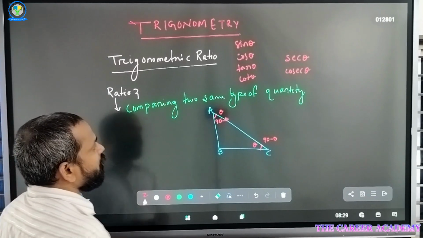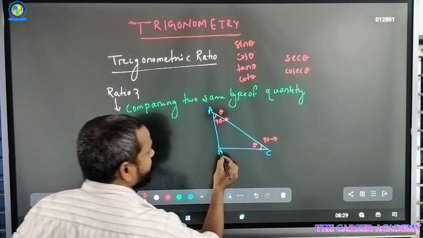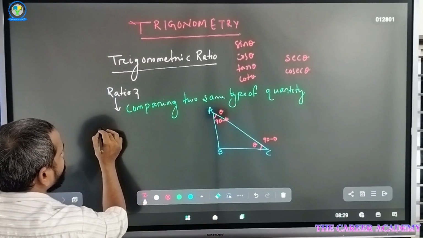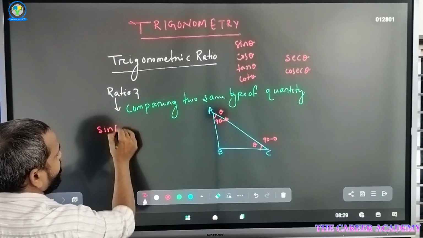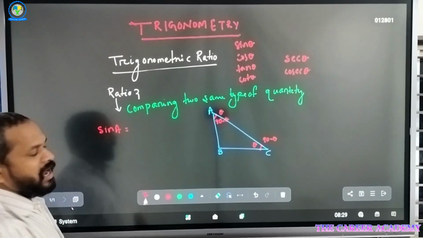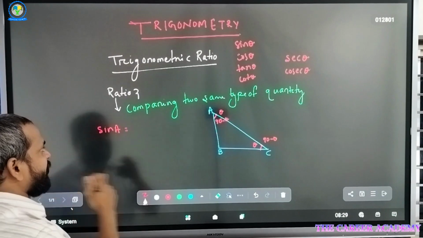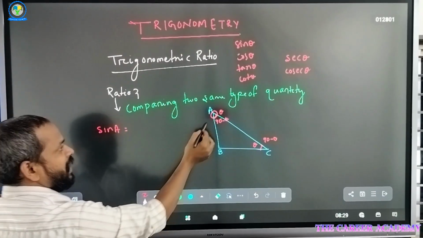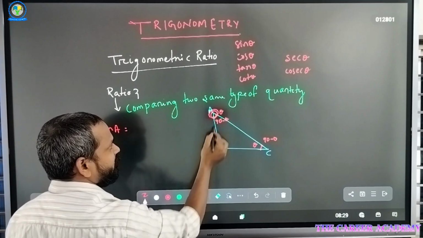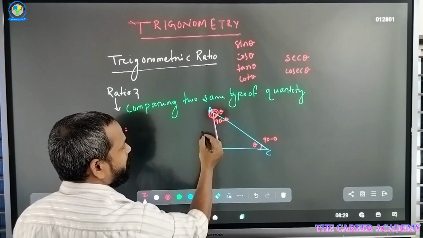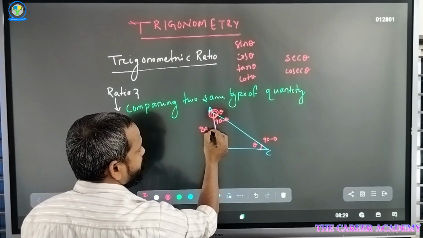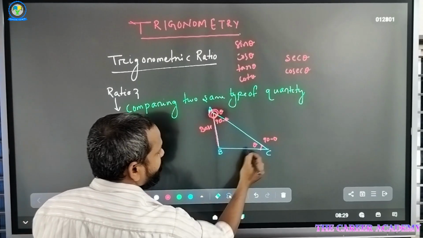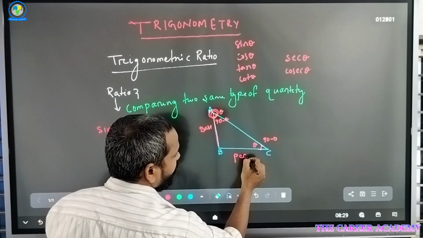When I take this as angle A, that means AB can be my base and BC can be my perpendicular.